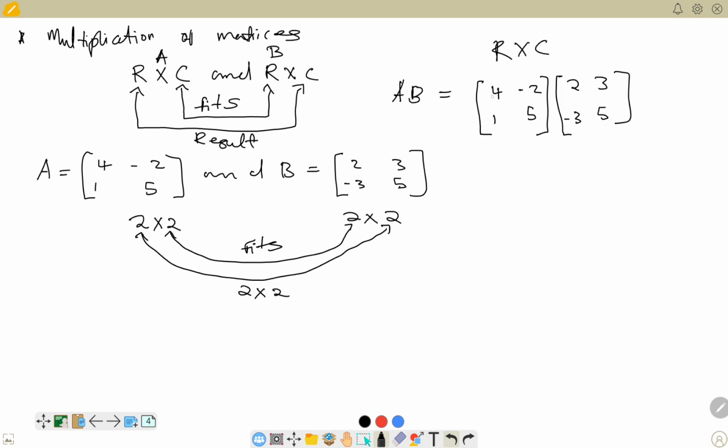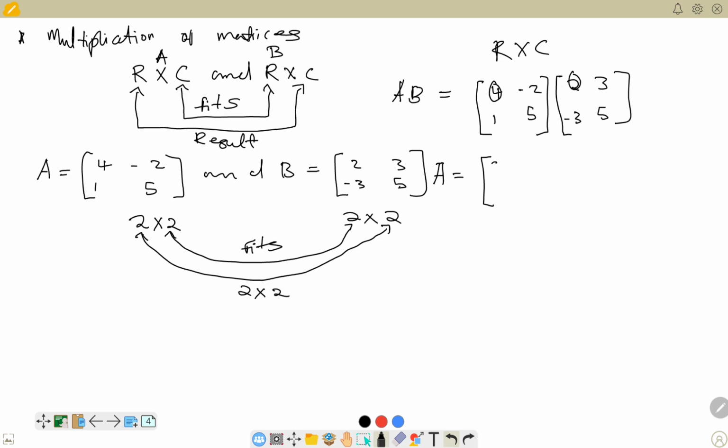We start with the first row of matrix A and multiply the first column of matrix B. We already know that the result is going to be a 2 by 2 matrix. So let's prove that.